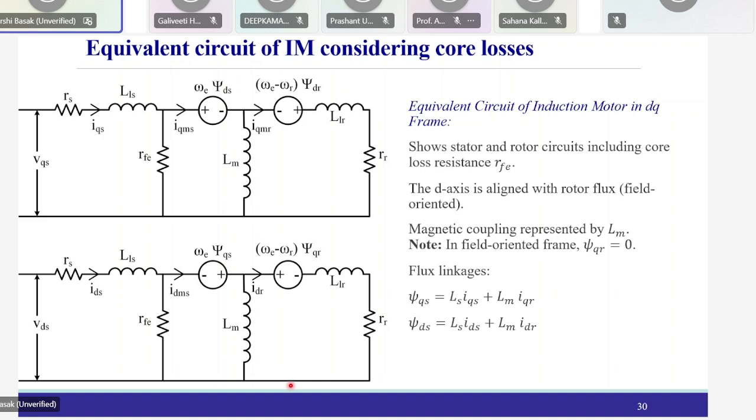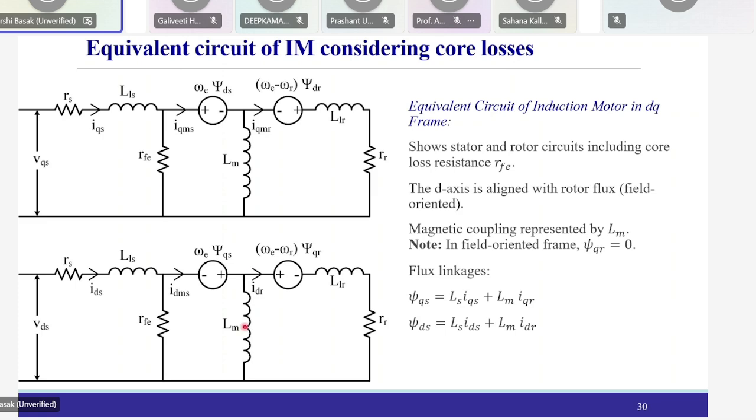Since IDR equals 0, IDMS will also become 0, because IDMS will be equal to IDS. The current through this becomes 0, since the resistance and the inductor become parallel.